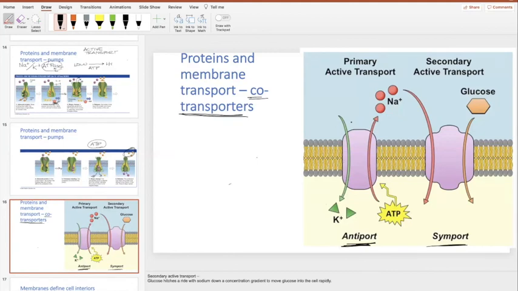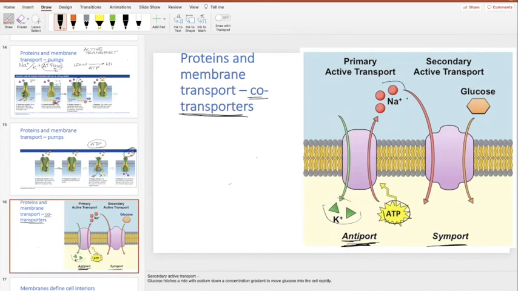Hopefully you can see that this is just a simplified diagram of the sodium-potassium pump, or sodium-potassium ATPase. So you can see that this is using ATP to pump sodium out of the cell, and it's letting two ions of potassium into the cell. It's antiporting because it's transporting sodium out while bringing potassium in. They're going against one another.